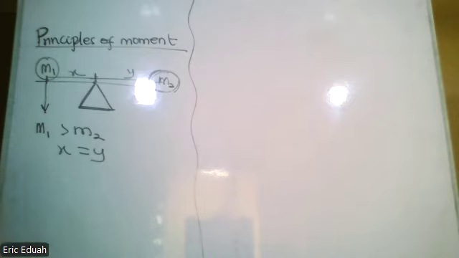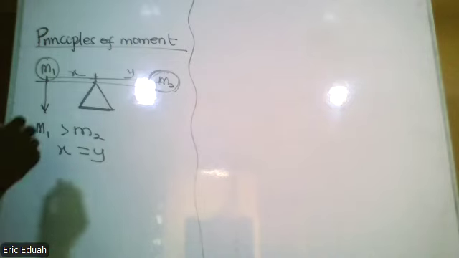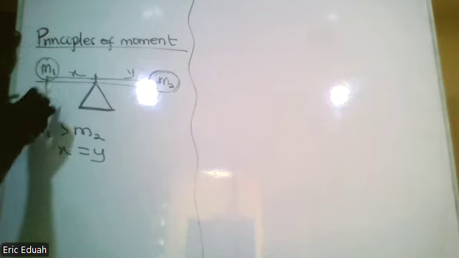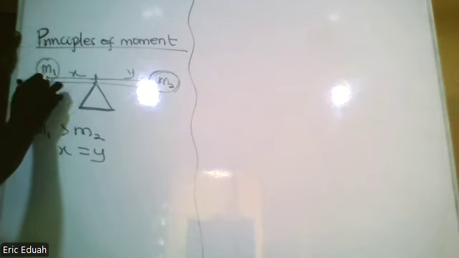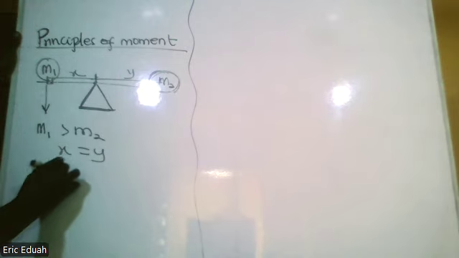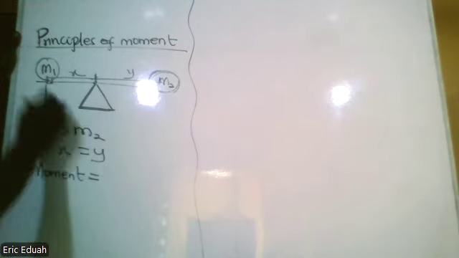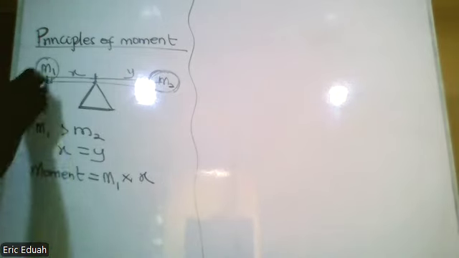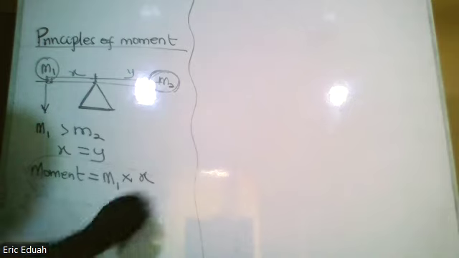Why? It is because when we determine the turning effects by M1, we are saying that the turning effect, which is the moment, is the product of the force M1 times the perpendicular distance X. So the turning effect produced by mass 1 is this.